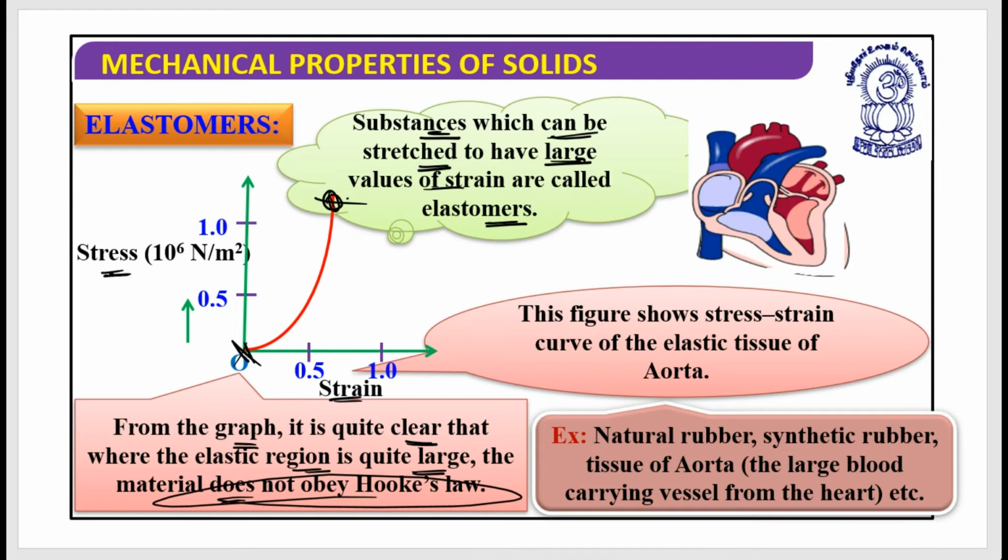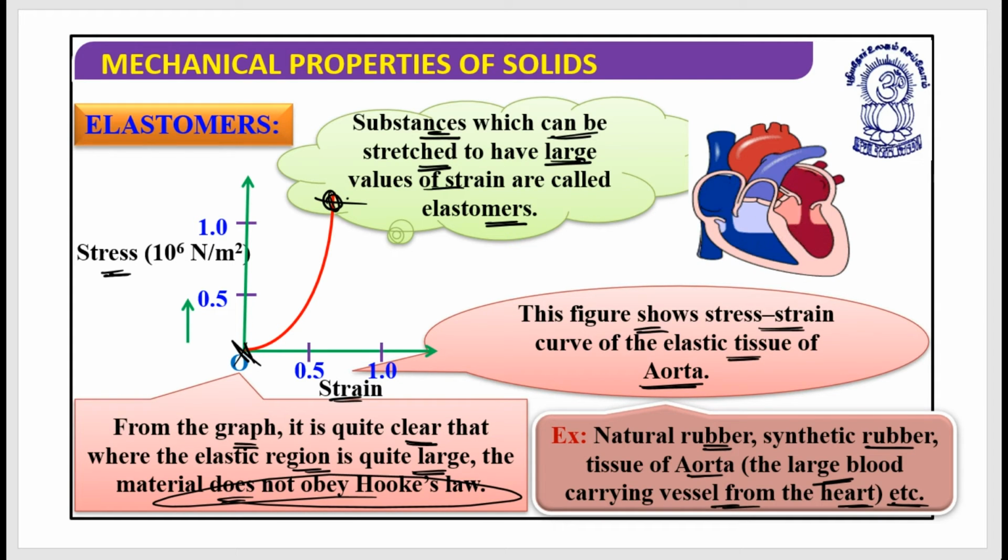This figure shows the stress versus strain curve of the elastic tissue of the aorta. Examples of these elastomers are natural rubber, synthetic rubbers, and the tissue of the aorta, the large blood carrying vessel from the heart, etc.